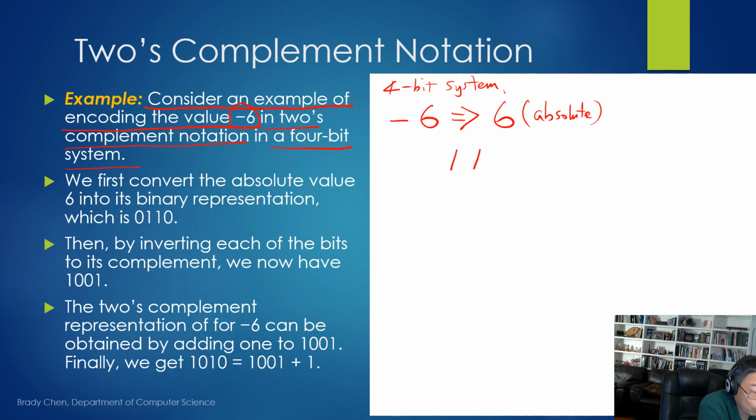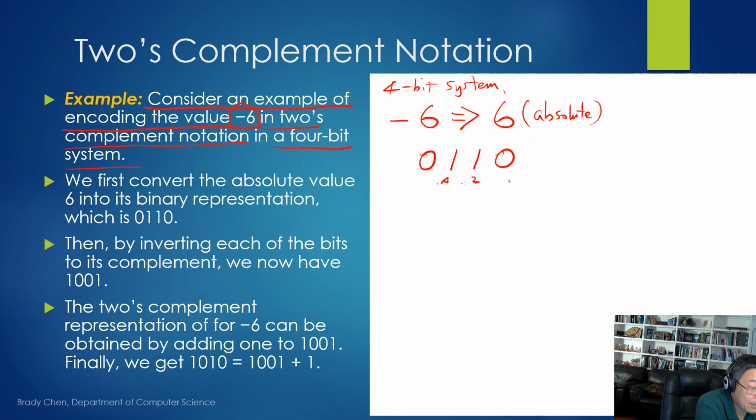What is the binary representation for 6? It's 1, 1, 0, because that's 4's position, 2's position, 1's position. 4 plus 2, that's 6. Now, since we're going to store this binary number 6 in a 4-bit system, we're going to put a 0 in the most significant position.